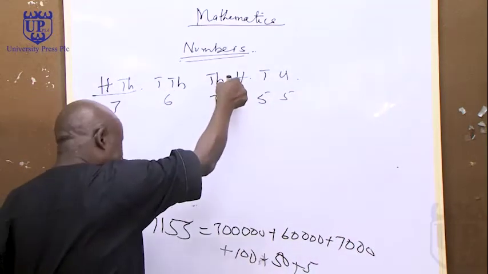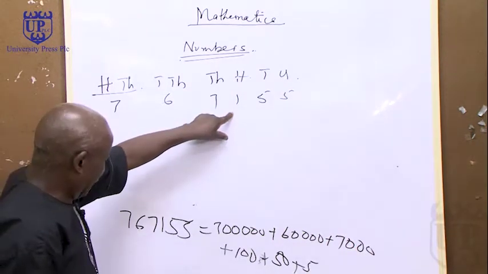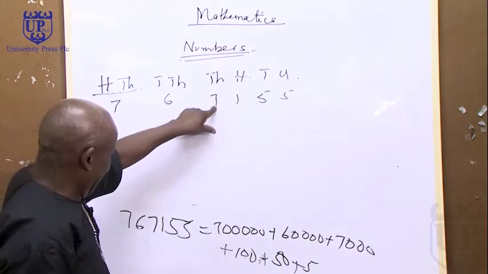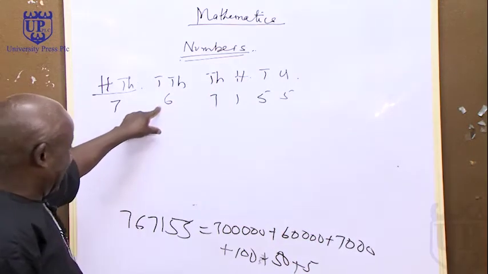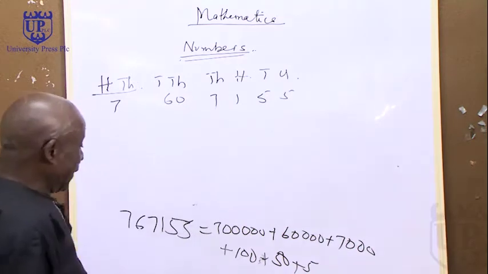Now under hundreds we have just only 1. 7,000. Now this is 60,000.